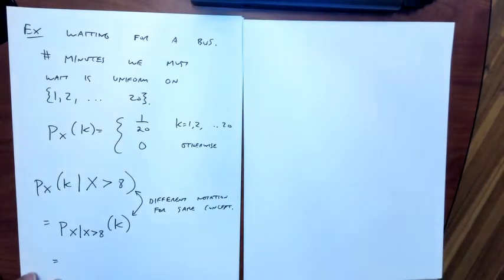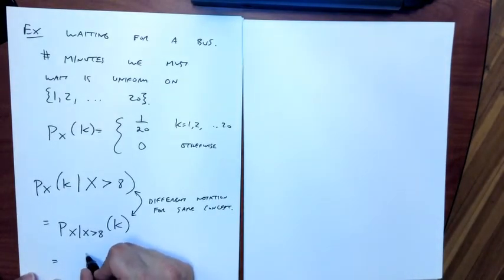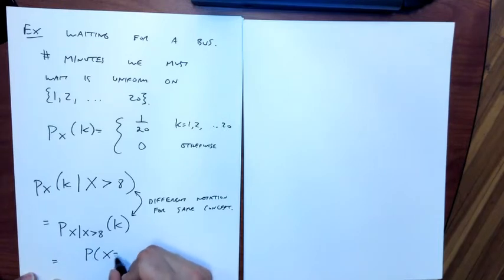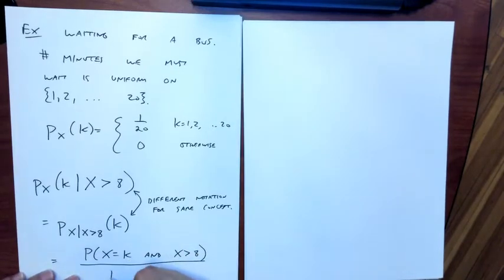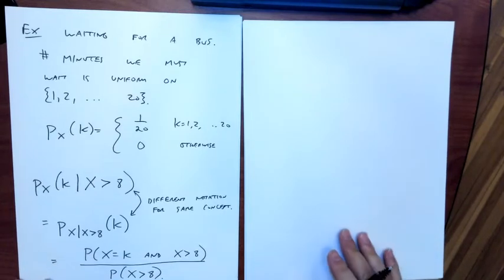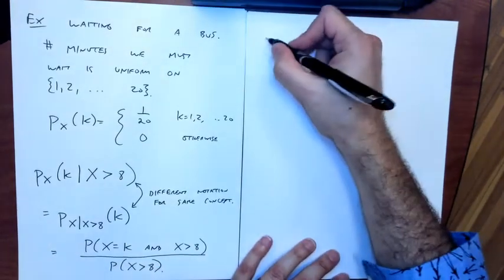And again, I just follow my nose on the definition. It's the probability that x equals k and x is greater than 8, over the probability that x is greater than 8.